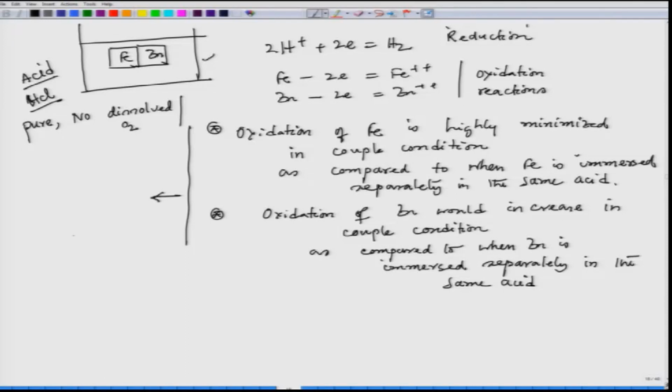And this is the very concept of the sacrificial effect of zinc. And here also redox reactions are taking place.